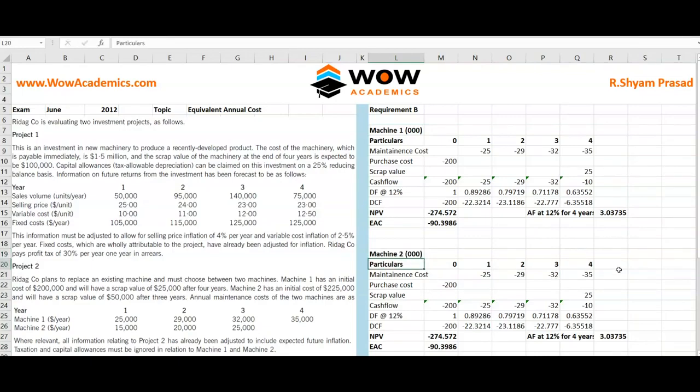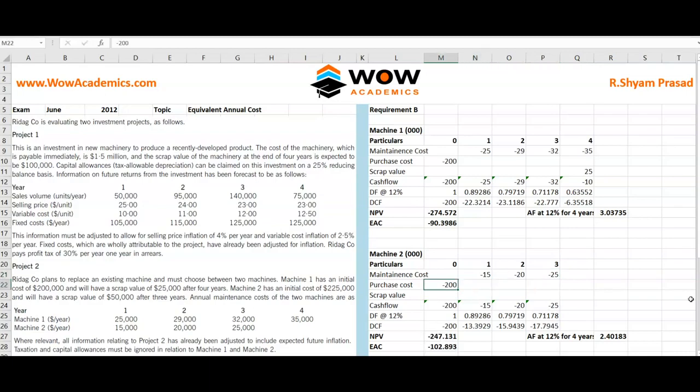Machine 2 has a cash flow for only 3 years, so we'll cut the 4th year fully and work it out. The maintenance cost is going to be 15 for the first year, 20 for the second year, and 25 for the third year.